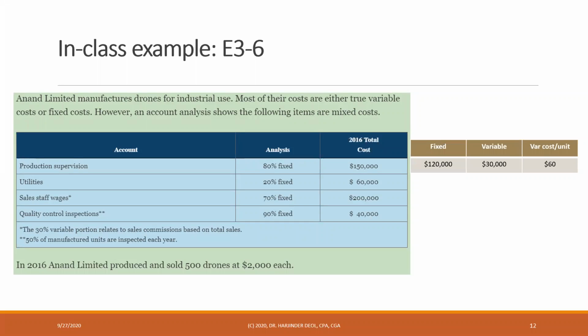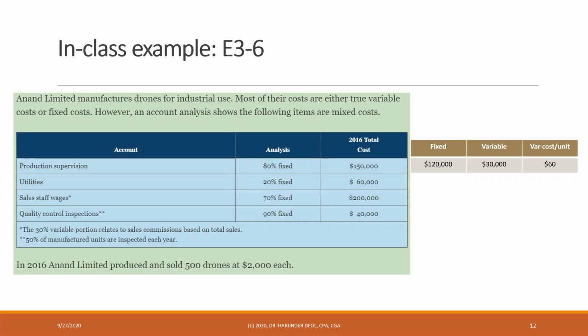variable. So in 2016, the total cost for production supervisors is $150,000. Out of that, the account analysis indicates that 80% is fixed cost, which is $120,000. 150,000 minus the fixed portion means the total variable cost is the remainder, which is $30,000.